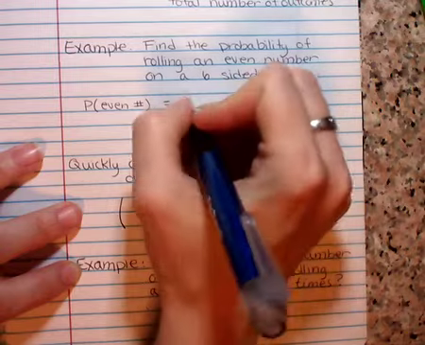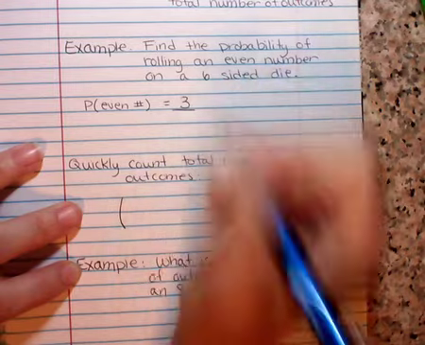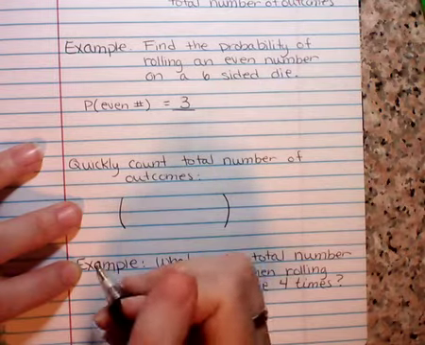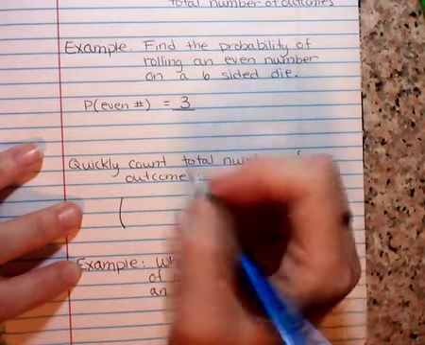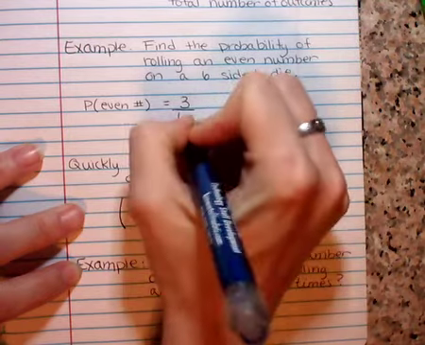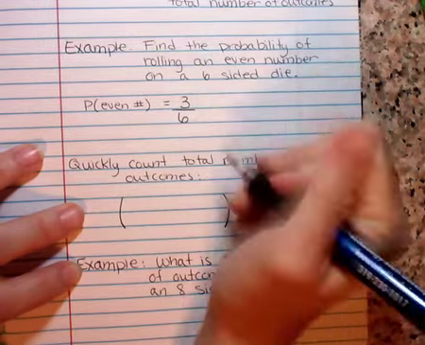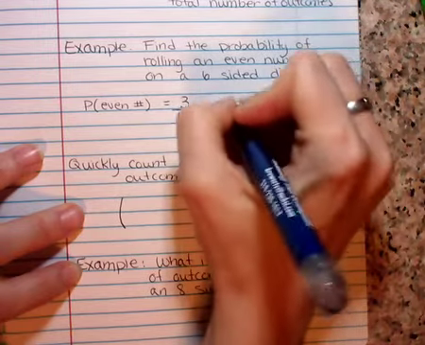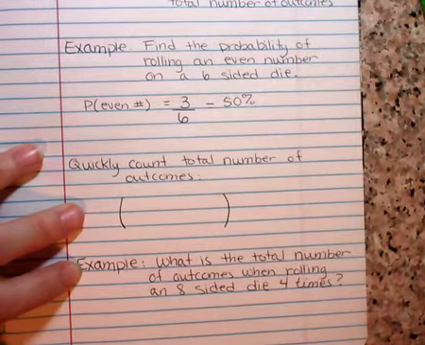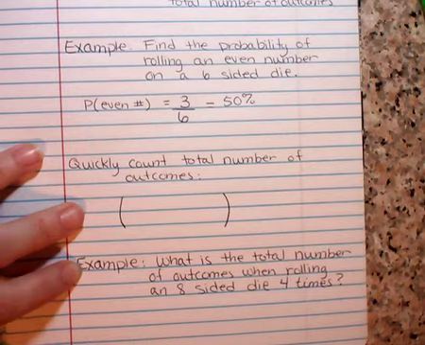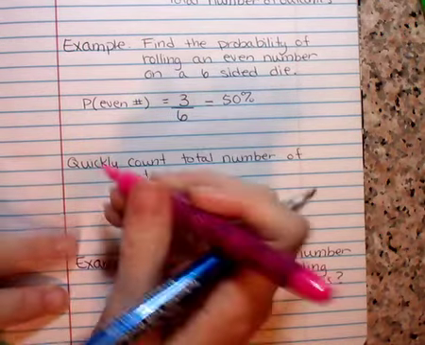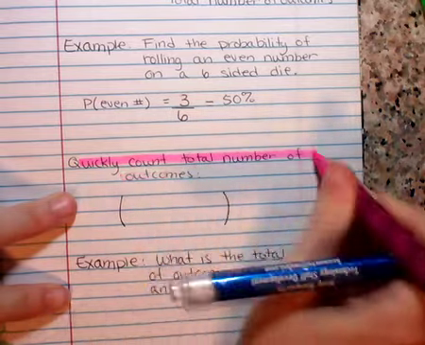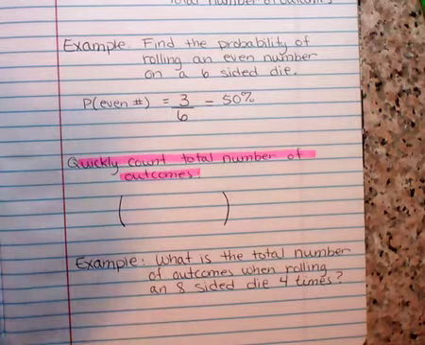So we would have 3 ways to get an even number divided by all of the possible outcomes. Well, there are 6 different outcomes on a 6-sided die, so 3 out of 6, or we could write that as 50%.